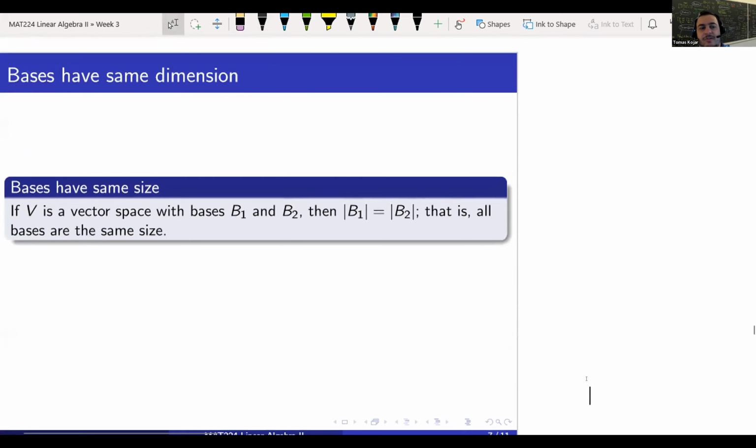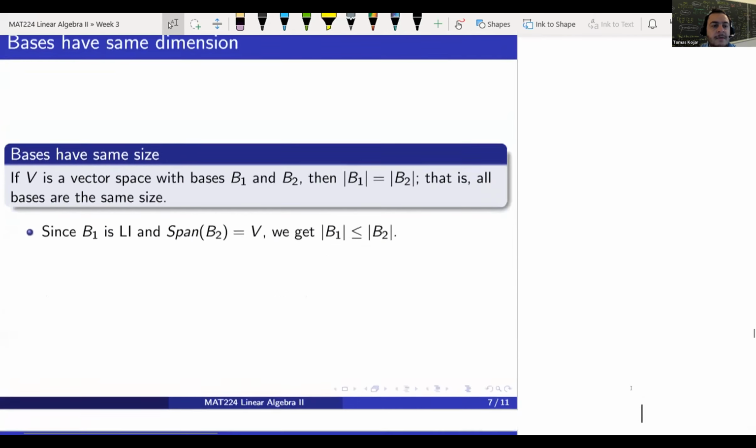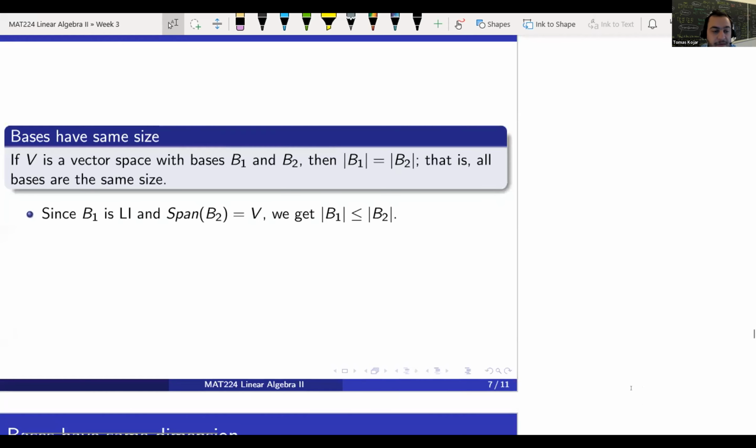So given a vector space V, and you give me 2 bases, then we get that they're equal in cardinality. So let's do that. From the result we just had, this was T and this was S. We had span of S is V, and T was linearly independent. This was W1 to WK, and this one was V1 to Vn.